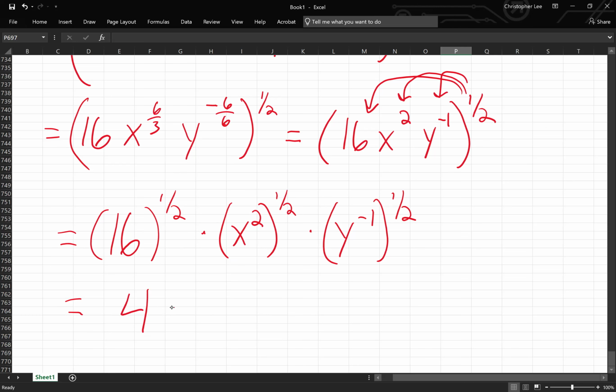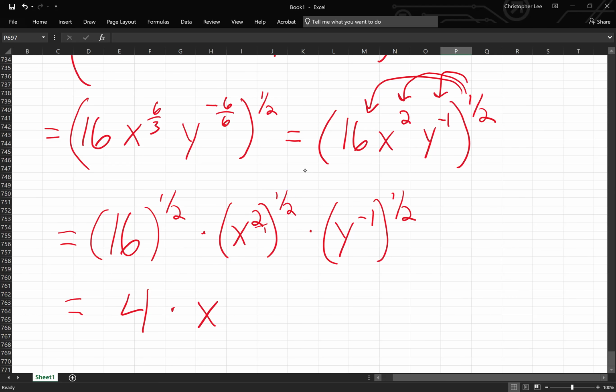So this is just 4 times x to the what power? I'll give you a hint. This is like 2/1. So when you raise a power to a power, you don't add, you multiply, right?